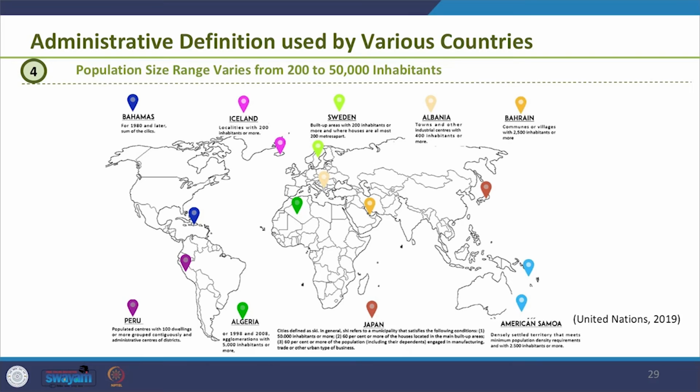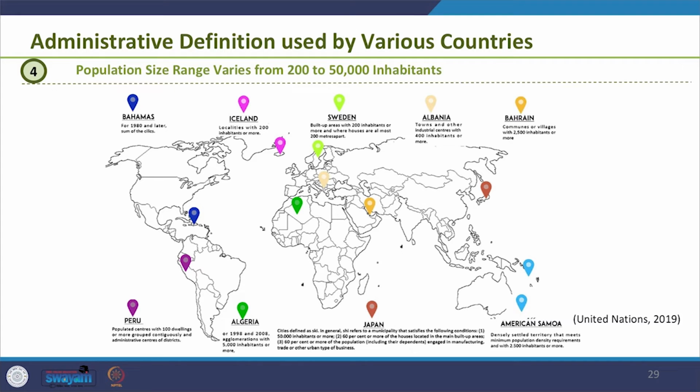Further, like you have already seen the variations in the numbers, here we see that the population cutoff also varies a lot. It varies from 200 to 50,000 inhabitants, and we identify by 5,000 somewhere. Iceland, which is somewhere here, identifies by 200 inhabitants or more.